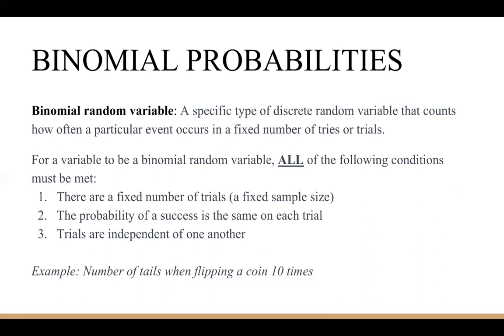Two, the probability of success is the same on each trial, because when you're flipping a coin, the probability that you're going to get heads or tails is always 50%. And three, the trials are independent of one another, so whether you flip heads on the second trial does not affect whether you will get heads or tails in the third trial.